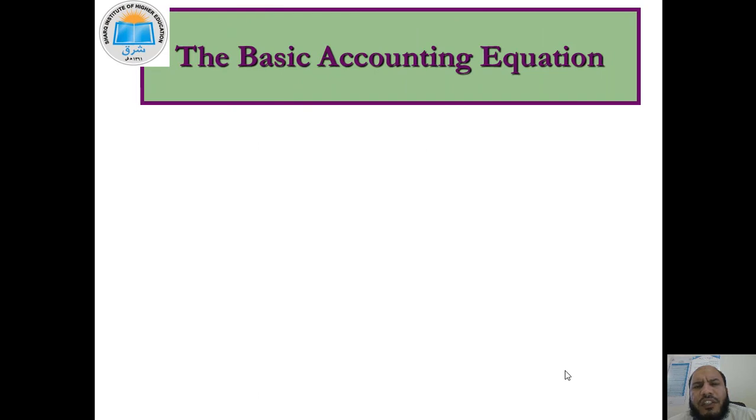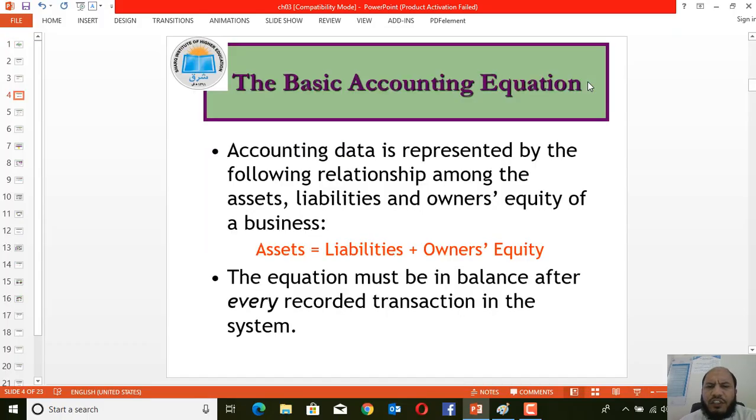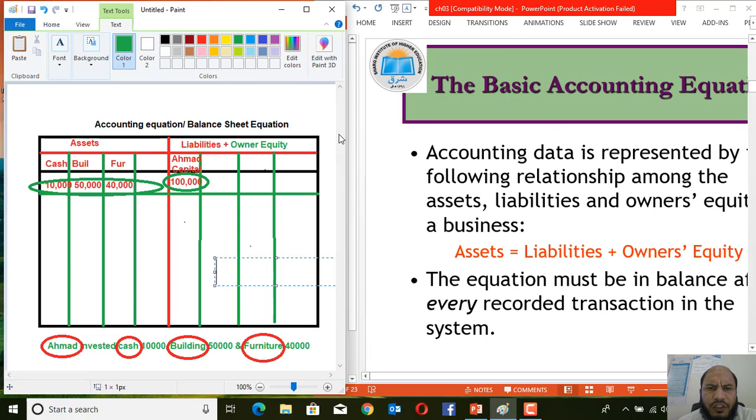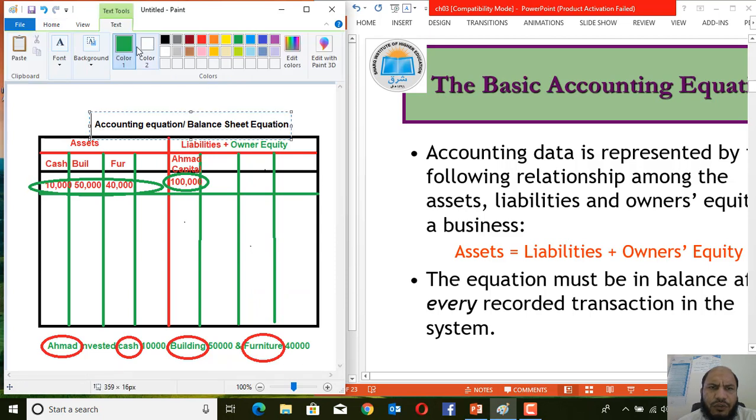Let's go from the basics of accounting. Dear students, accounting data is represented by the following relationship among assets, liabilities and owner's equity. If you see this slide, you will understand the accounting equation, which is also called the balance sheet equation.